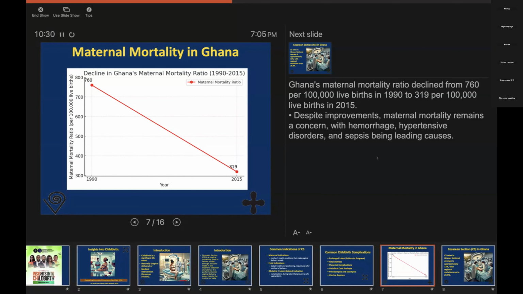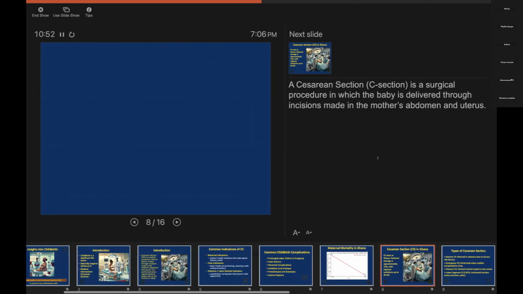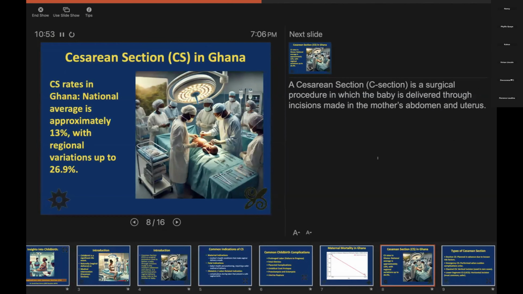And just as my colleague who presented earlier said, it's because of difficult access to cesarean sections and some obstetric care that we have a lot of this stillbirth. So if we are able to manage that aspect very well, we can at least reduce this mortality rate, because CS has come to help in a way.